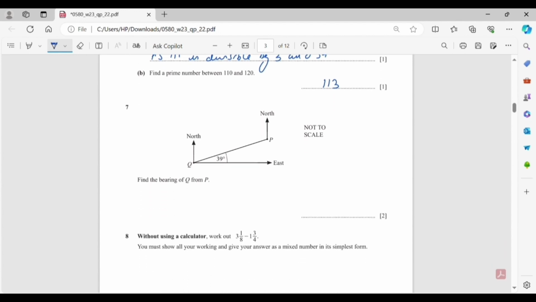Find the bearing of Q from P. So we have to find the bearing of Q from P. So we need to find this. Let this be A, this be B. Now A plus 39 will be equal to 90 degrees. Now A will be equal to 90 minus 39. A is equal to 51. Now A plus B is equal to 180 degrees, co-interior angle.